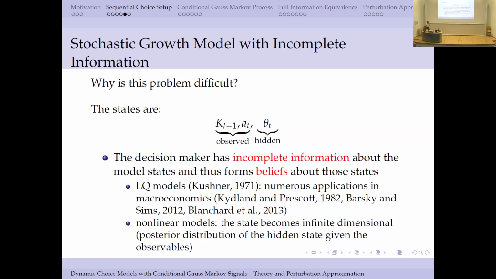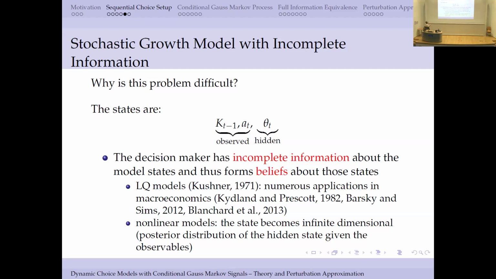All right, so what happens in models in which some of the states are hidden to the decision maker? We have already seen a solution to this this morning. The decision maker has to form posterior beliefs about that latent state, given all the information that she has. And that essentially transformed this problem into an infinite dimensional problem.